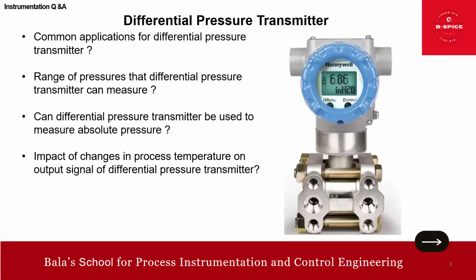Okay, the impact of changes in process temperature on the output signal of a differential pressure transmitter. What is the impact of these changes? Definitely, yes. Changes in process temperature can cause thermal expansion or contraction of the sensing element and other components, which can affect the output signal, right, friends?